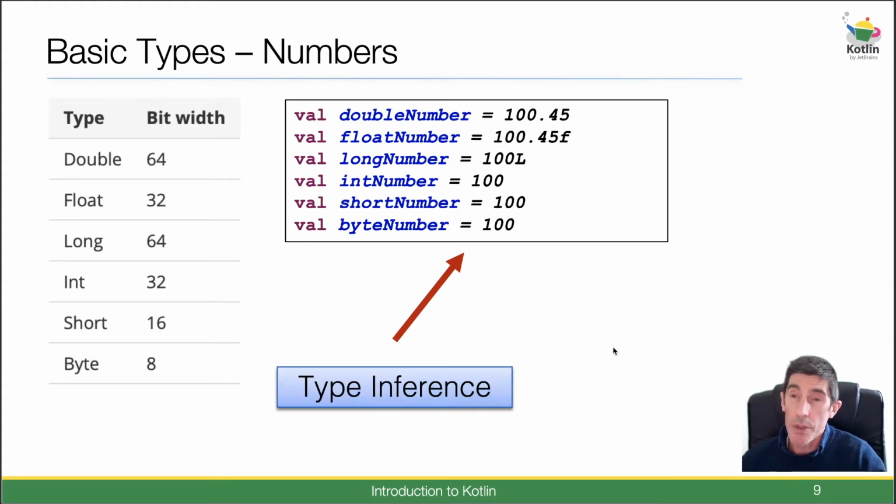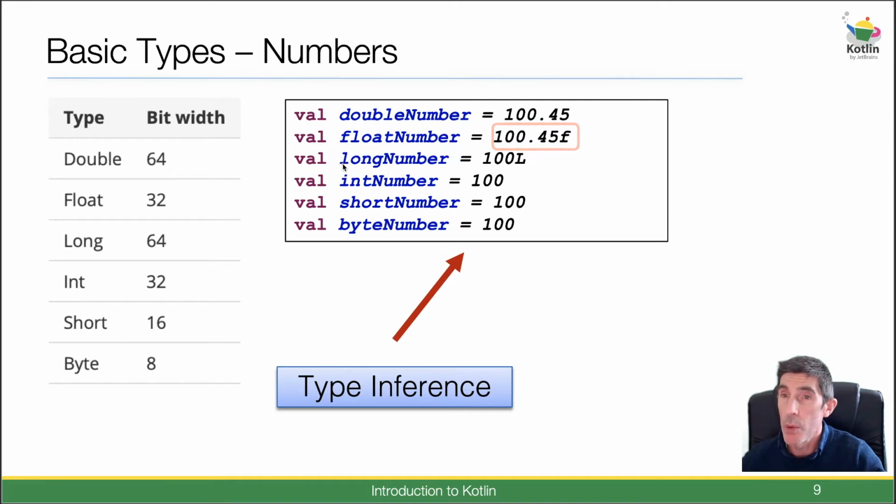We can also, as we've seen before, infer the type. So we could say double number is assigned directly 100.45, no mention of a type at all, but the Kotlin compiler is able to infer what type double number would be based on the value we've assigned it. For a float, we can do the small f.